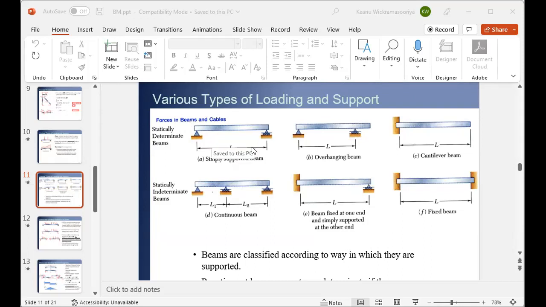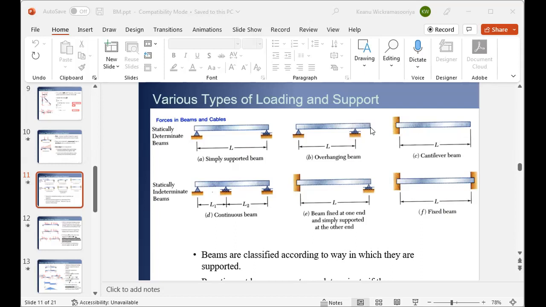We call something statically determinate if we have enough equations to solve the problem completely, right? Using only the equilibrium conditions, we can solve the system completely. Like in this one, which we did for the previous case, you have a beam on one side on a knife edge and the other on a roller support. So this one you can solve completely as we did in the previous case.